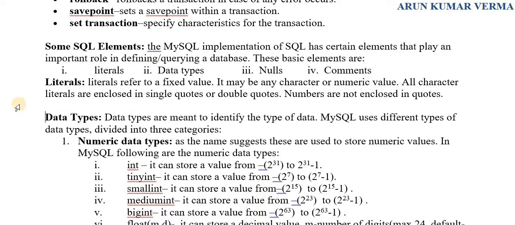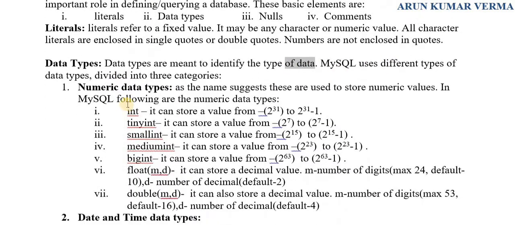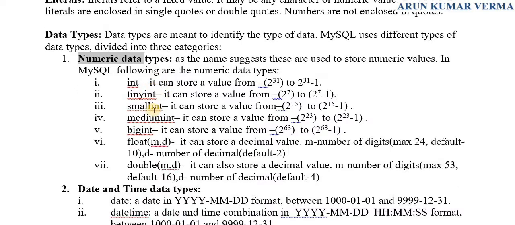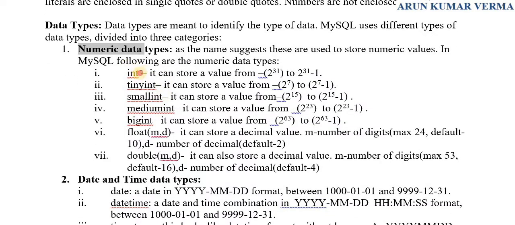Now data types. Data types are meant to identify the type of data. MySQL uses different types of data types, like numeric data types, which are used to store numeric values. MySQL provides different types such as int, tinyint, smallint, mediumint, and bigint. All these data types store different ranges of values.